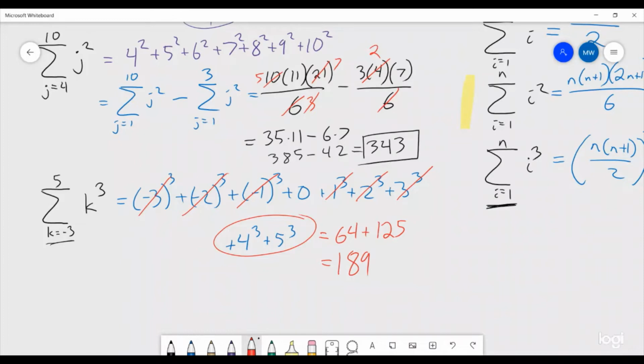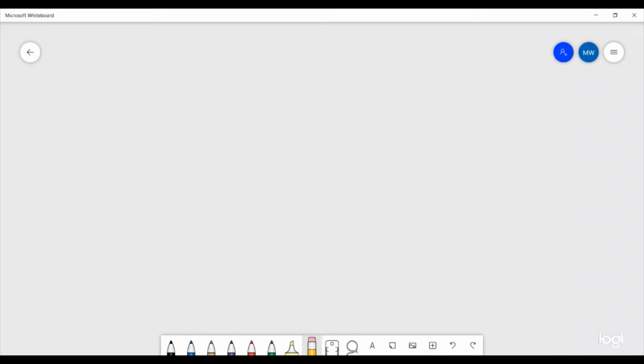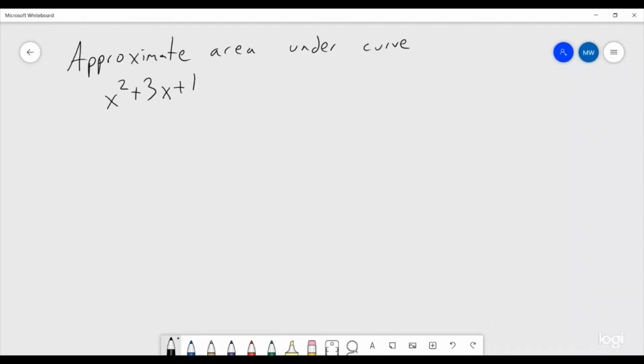Alright, so now that we've gotten all of these, let's move on to finding some areas. First one. Approximate the area under the curve x squared plus 3x plus 1, our function f of x, on the interval 1 to 7 using 6 intervals.